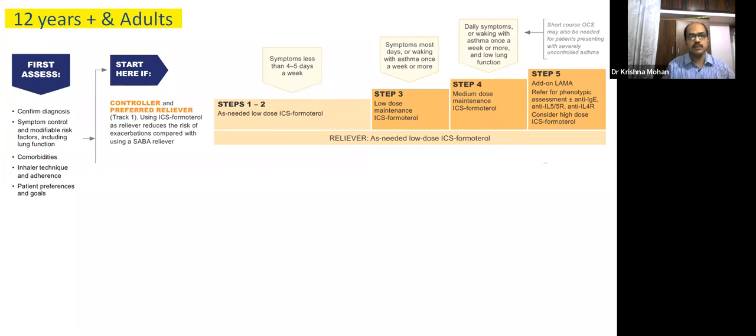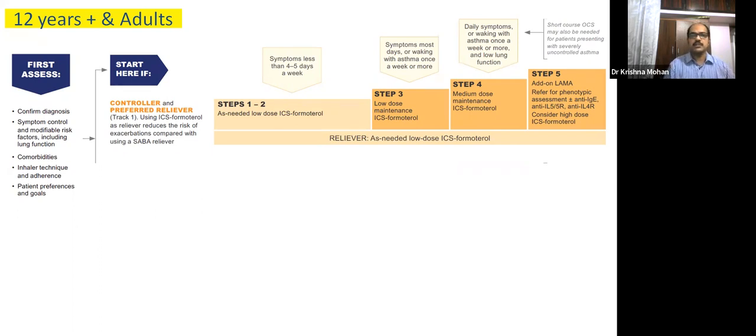For example, for a mild case in this age group, you just give an inhaler of Areacode and tell them that whenever you are getting symptoms, you take it for around 3 to 5 days. Or even when he is getting an acute attack of asthma, then the same device, the MDI, he can use as a reliever also. So that is as-needed low dose ICS for control.